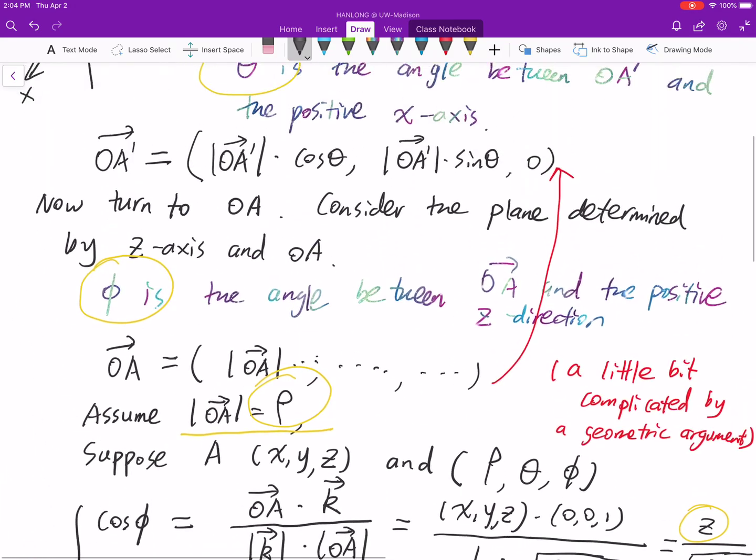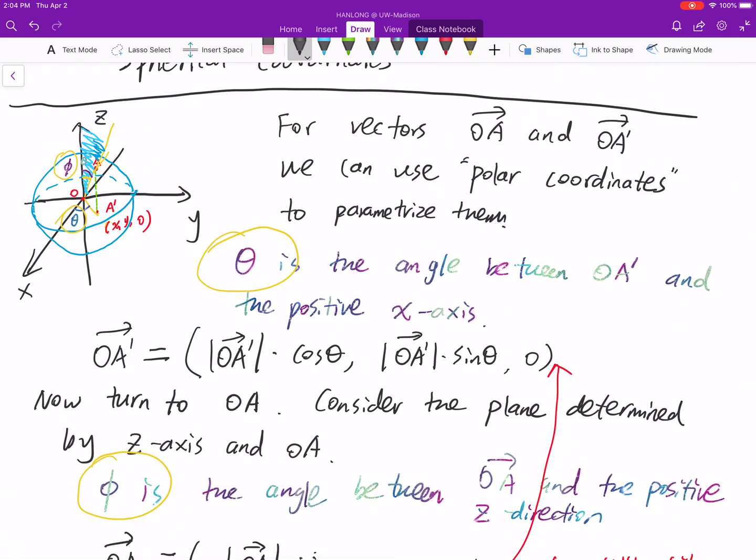But then, of course, this formula just gives you the relation, it doesn't give you the domain for rho, theta, phi. You have many ways to derive the domain, and one geometrical way is to look at the angle phi and the angle theta.